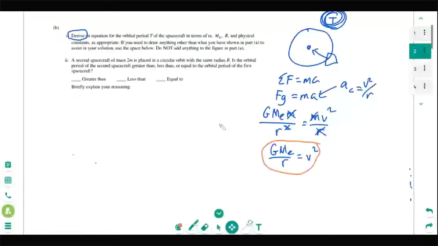And that is velocity is a change in x over a change in t. Okay. So now if we think about this, I have my little spacecraft. If it goes around the circle once, how much distance did it cover?